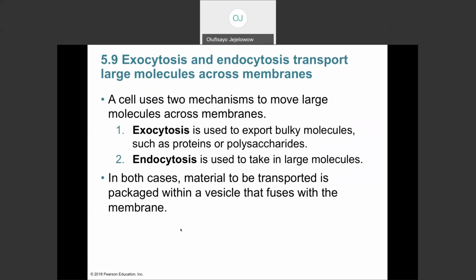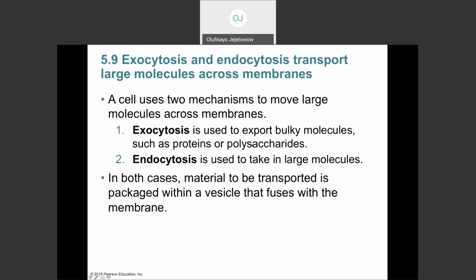So exocytosis and endocytosis help transport large molecules across the membranes. These are two mechanisms that the cell uses to move molecules across the membrane. Exo, from the word exit, and cyto, of the cell. So exiting, moving large molecules out of the cell.